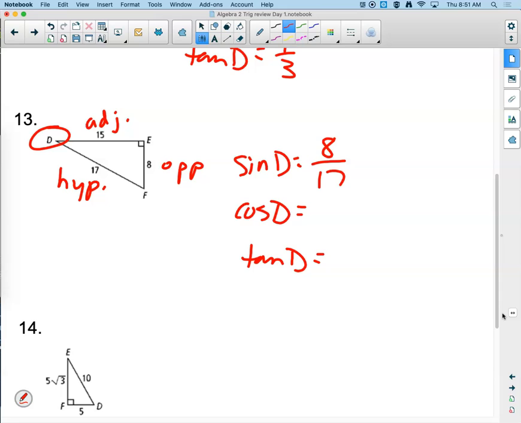Okay, remember, when we say SOHCAHTOA, it's because cosine is adjacent over hypotenuse. So what numbers would we use? Look up here. What's adjacent? 15. What's the hypotenuse? There you go.